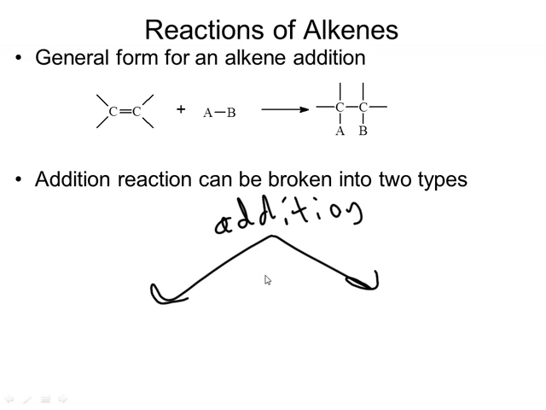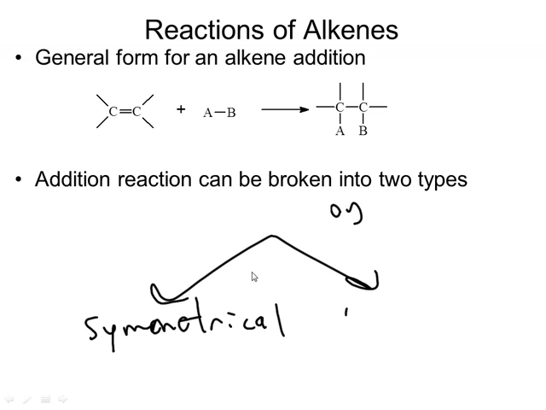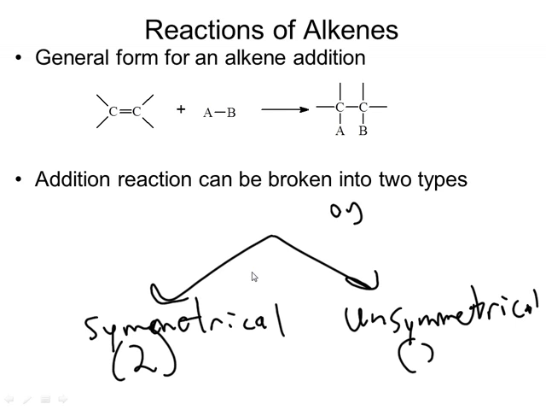One of them is going to be called symmetrical. Can't remember how to spell symmetrical. 2 M's, okay. And then unsymmetrical. I don't know why it's not called asymmetrical, but it's called unsymmetrical. And under each, we're going to have 2 types. So we're going to learn 2 symmetrical and 2 unsymmetrical.